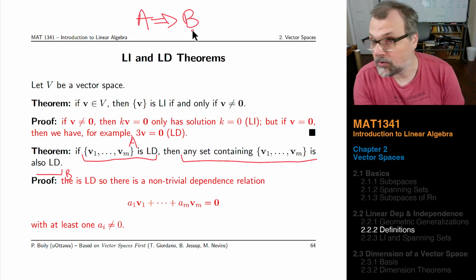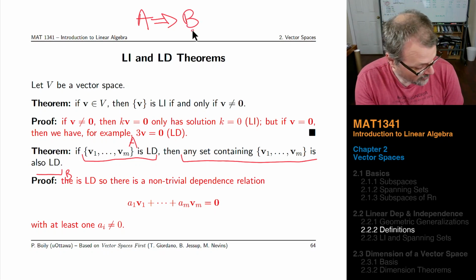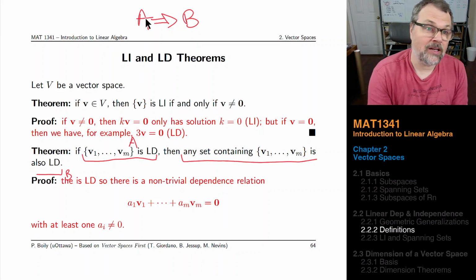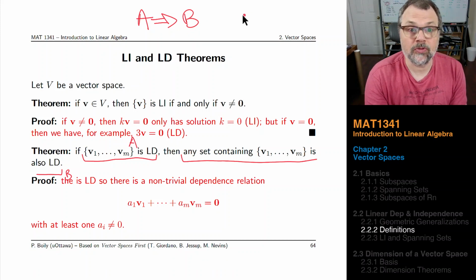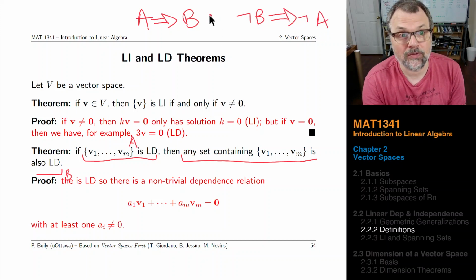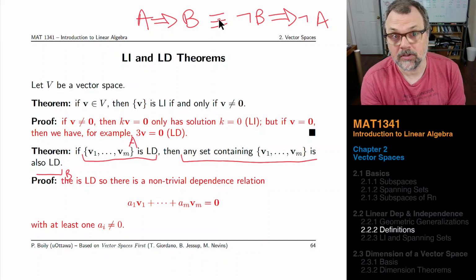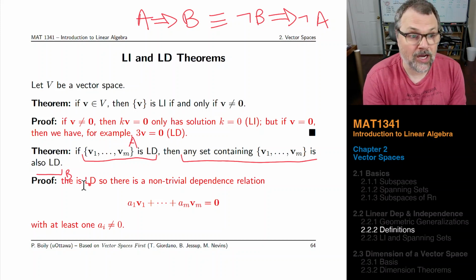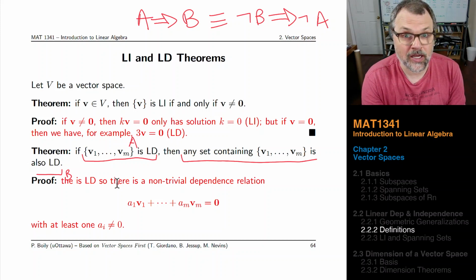You know this from mathematical logic, if A implies B is true, then not B implies not A. The contrapositive is also true. They're equivalent statements. Well, what would not B implies not A look like?